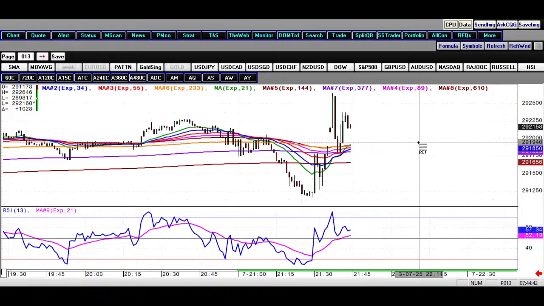So now we will wait for re-entry. Once it has cleared this, we will go for a re-entry. Let the market stabilize, because the market will be digesting this news, and the main session is coming in soon. Once it's settled, then we can go for a normal trade.